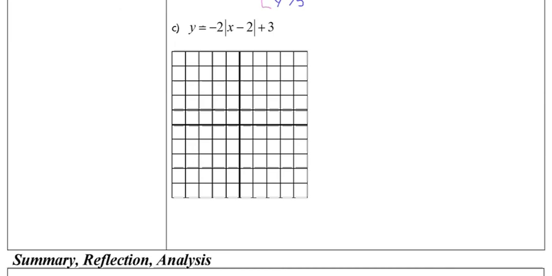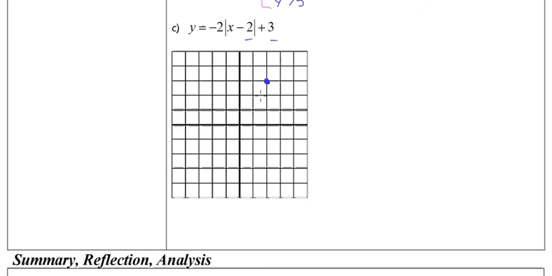We've got our parabola, or sorry, not parabola, but our absolute value graph with a vertex at 2, 3. So 2, 3, graph that. And on the left side, oh, actually, is this one not given to you in piecewise function? No, you can change it. We've learned how to change this into a piecewise function.